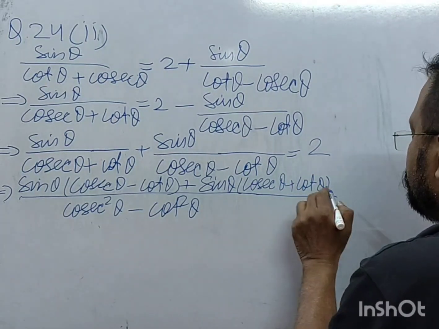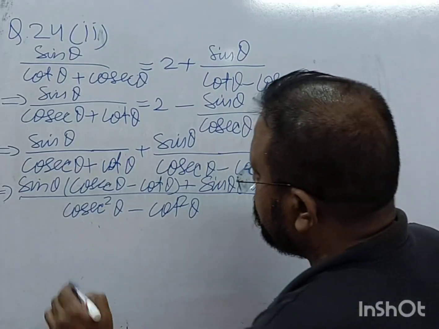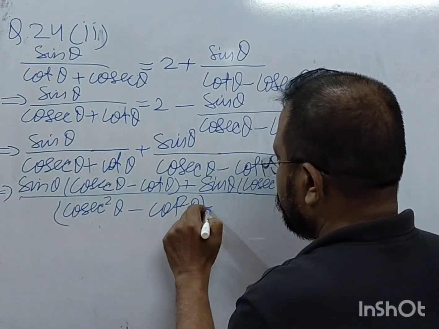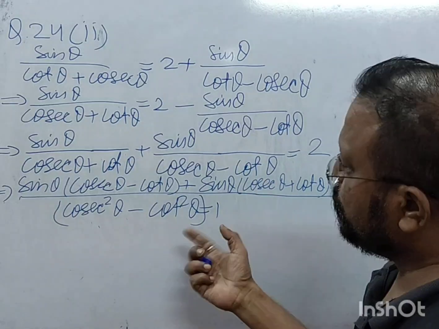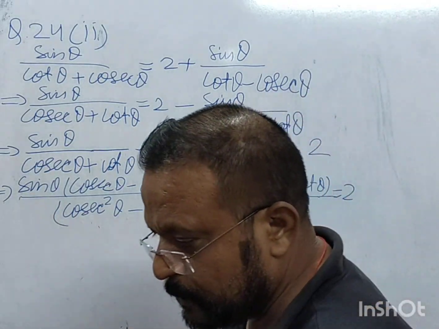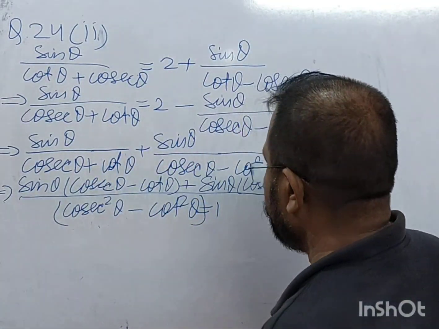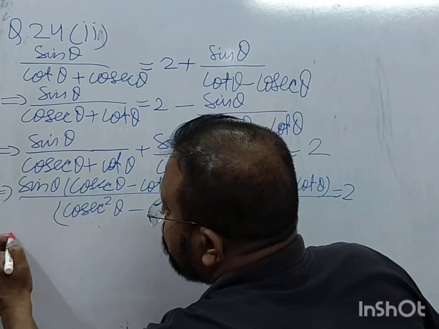You get this? Is equal to 2. This value turns to be 1, so the denominator is gone.